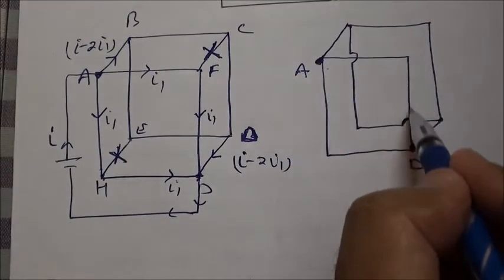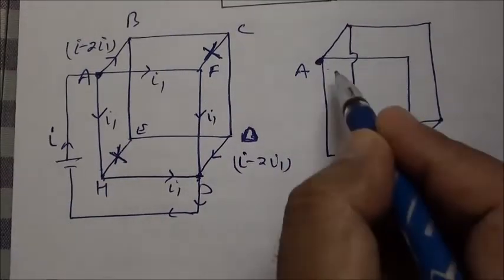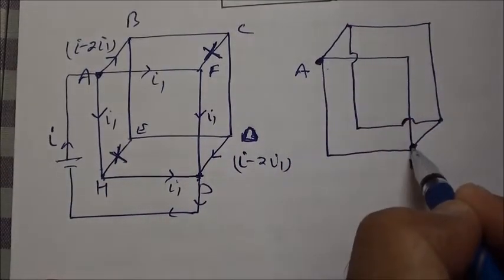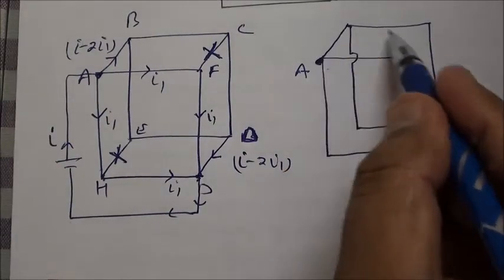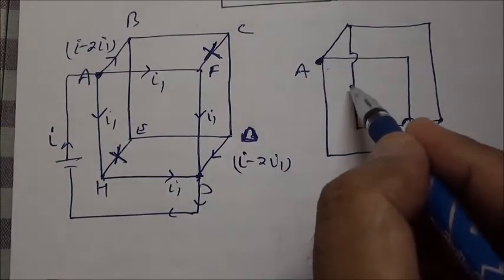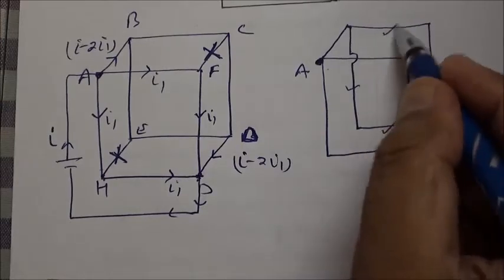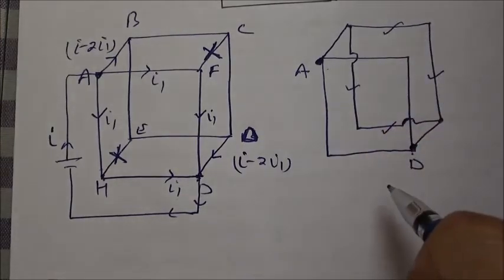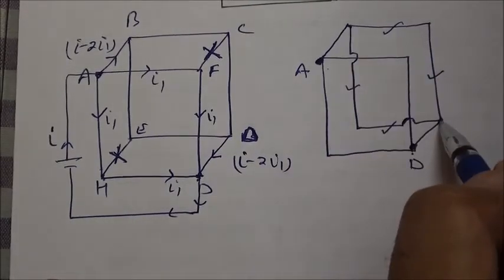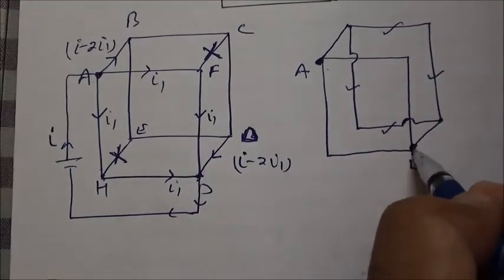So we have one branch which has 2 resistors, one which has 2 resistors, and one which has these 2 resistances in parallel with these 2, and then this is in series with it, and then a series.